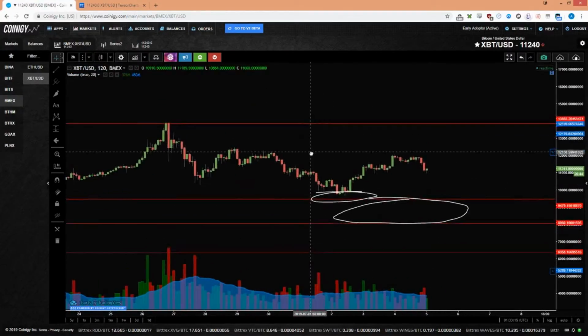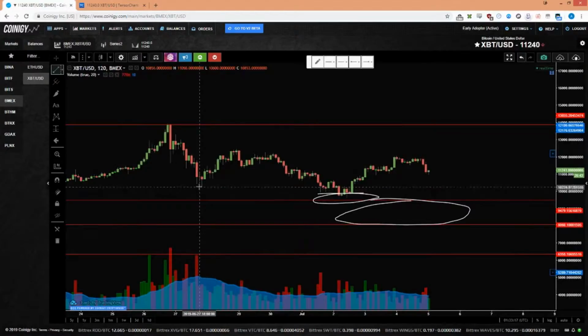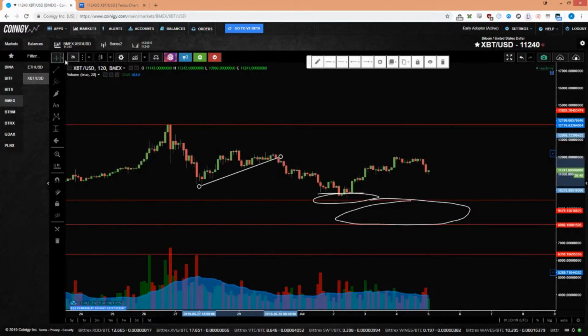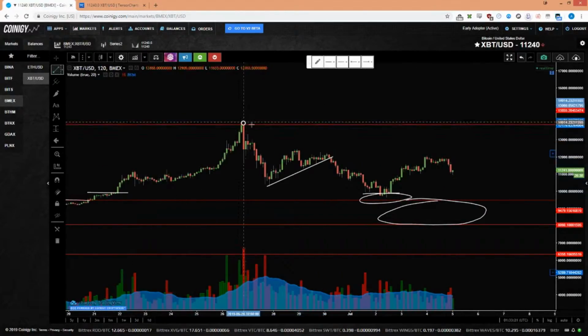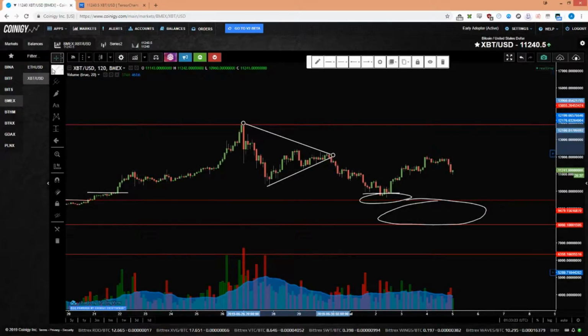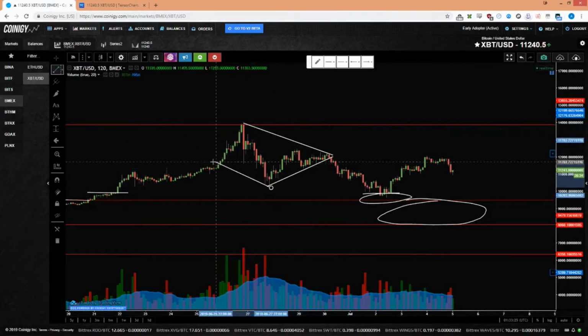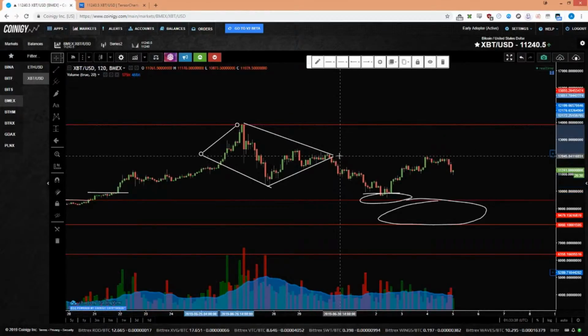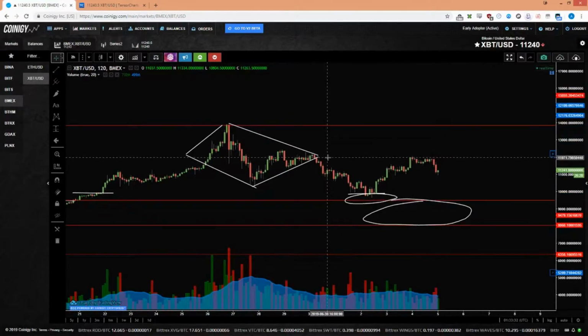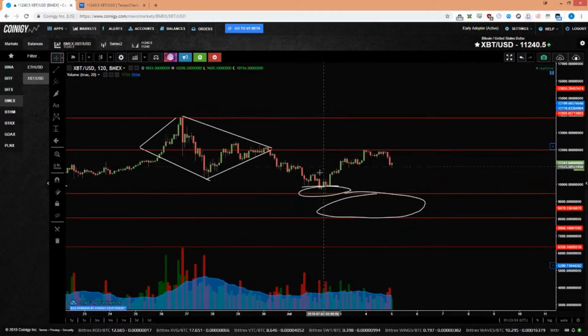And that's kind of what's happening on a low time frame right now. We have the same kind of diamondish top, where we consolidated around 12k, and that's where the price is drawn back to retest.